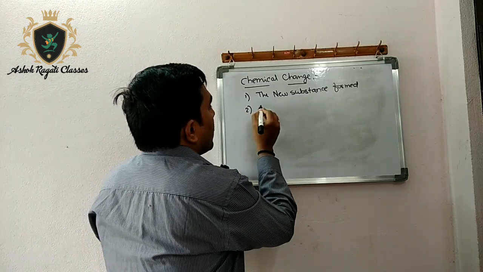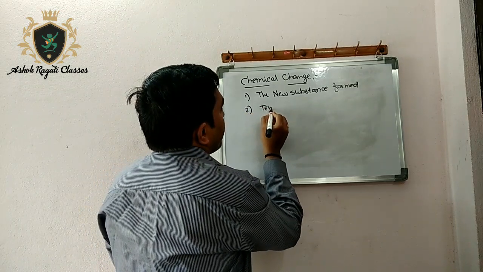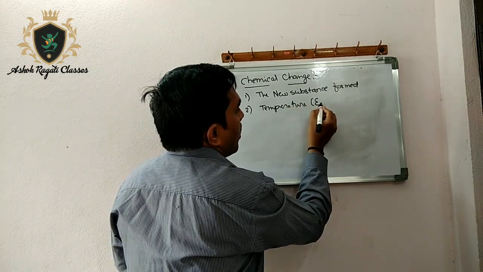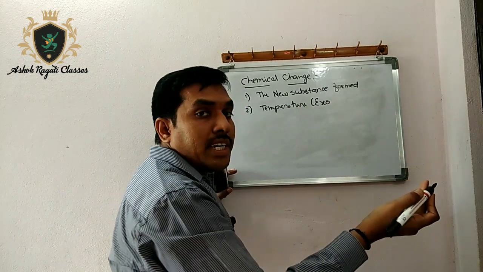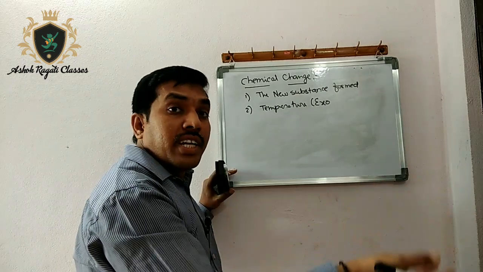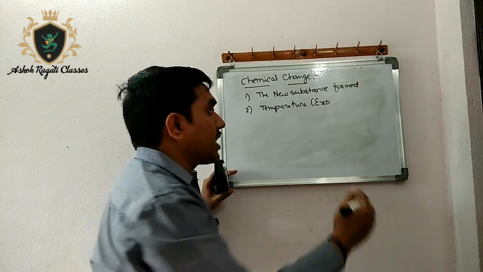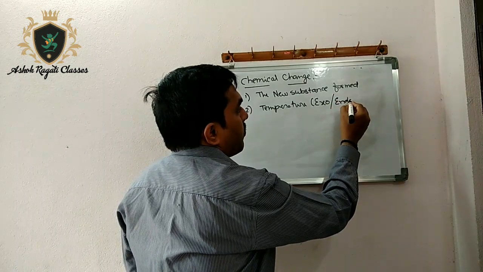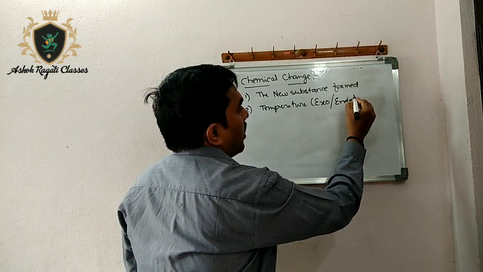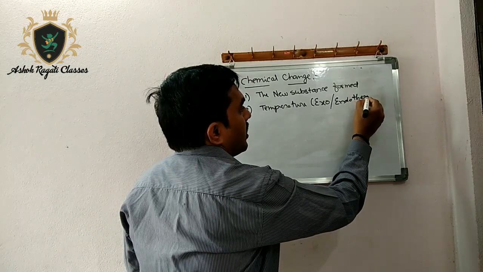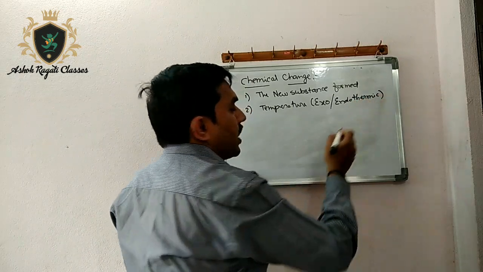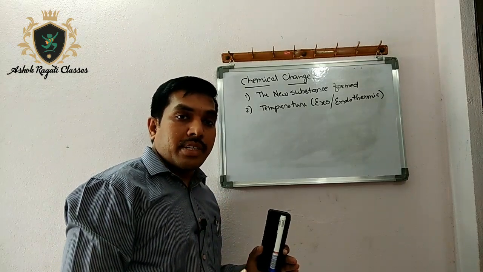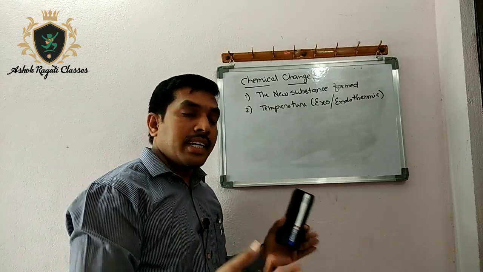Second point, temperature. By observing temperature: exo means it liberates temperature, endo means it needs temperature to carry out the chemical reaction. So by observing the temperature changes, exothermic and endothermic, if the reaction is taking or liberating some temperature, we can say that it is a chemical change.